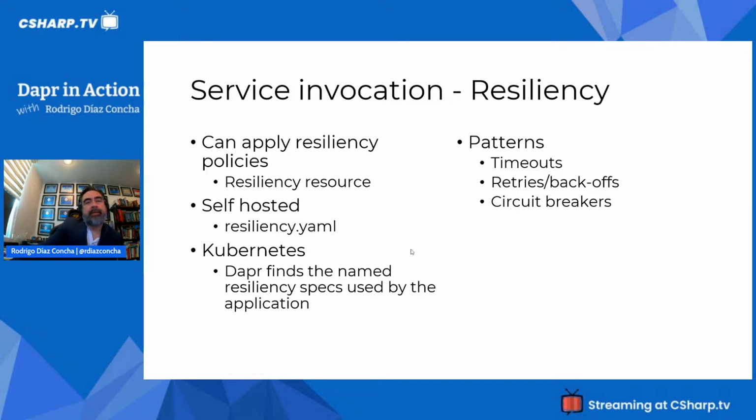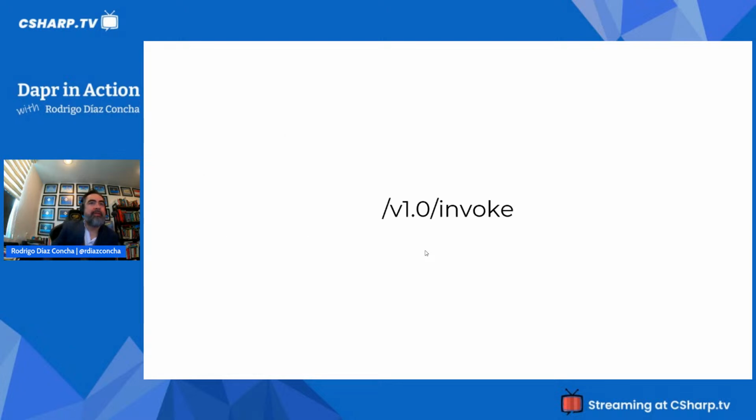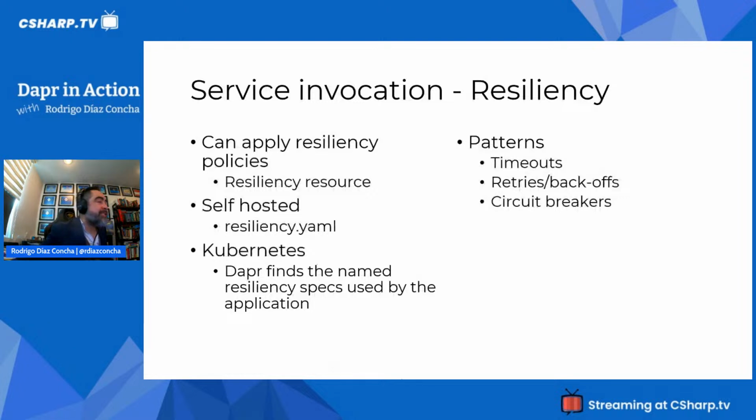And so you can see that the initial and most basic usage of the service invocation building block works marvelously, right? It's just fantastic. You don't have to do anything else. But of course, you can configure a lot of different things. And I'm just realizing that there is a slide that is missing here in my deck.